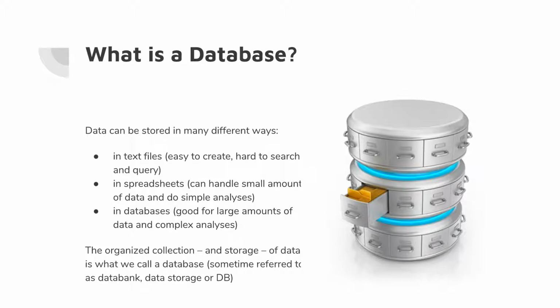Now, you can store data in many different ways. For example, you can store data in text files, like when you write a document. They are relatively easy to create, but very hard to search and especially hard to query.